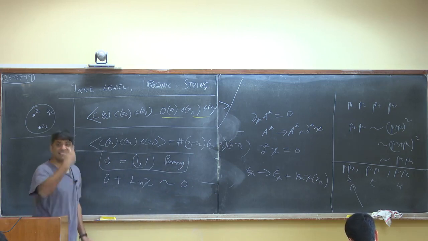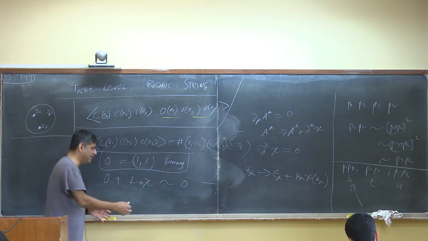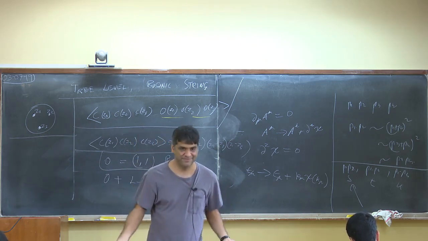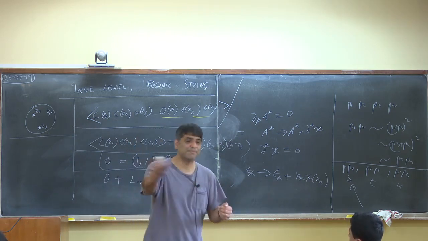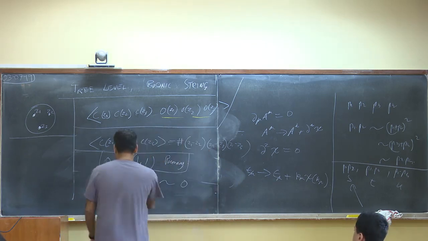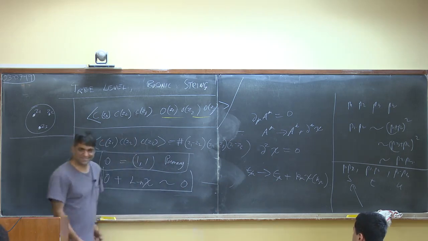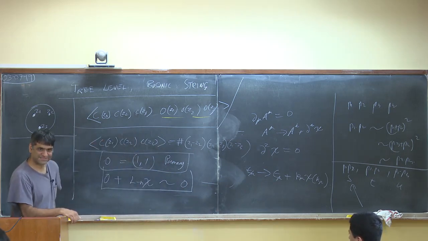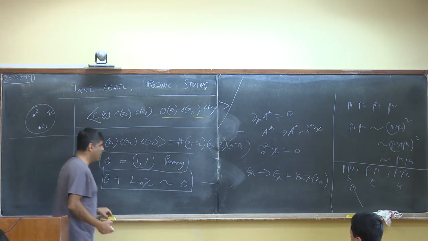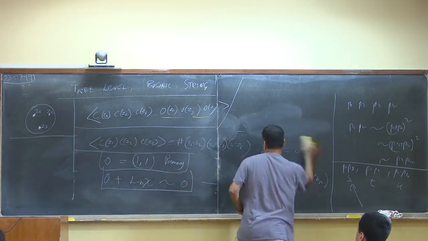And the BRST exactness was that two operators in the same BRST cohomology class, and therefore giving the same amplitudes, was true provided this was the case. You remember this, right?